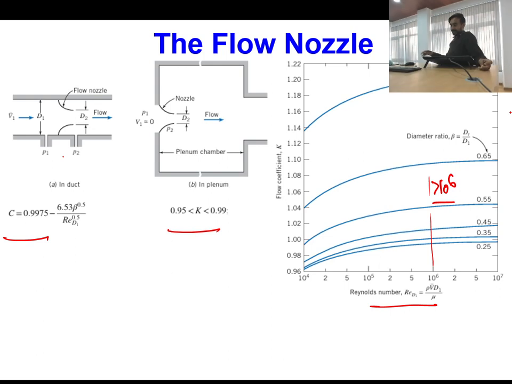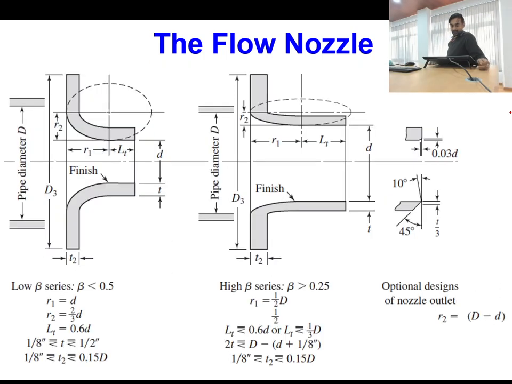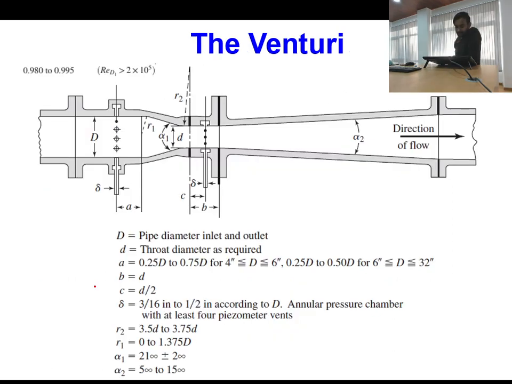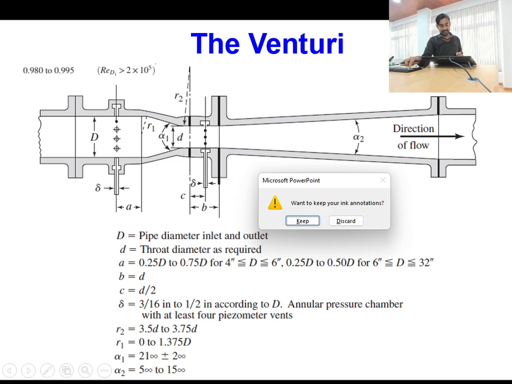Okay, and then next, as per the ASME standards, these are the corresponding sizes of the flow nozzles. The details of venturi I will quickly take up in the next class, and then we will start the next topic.